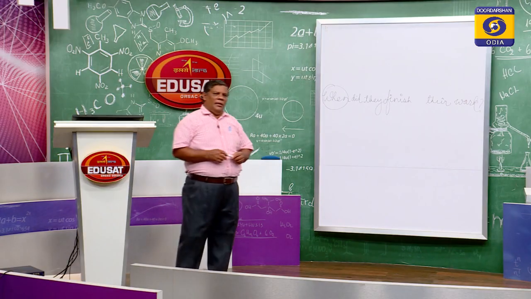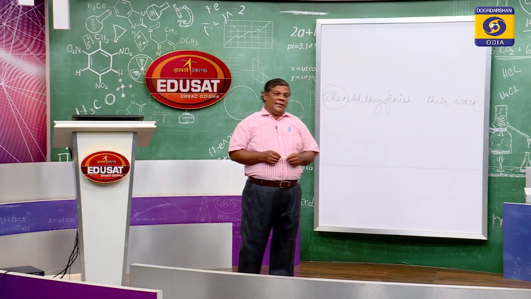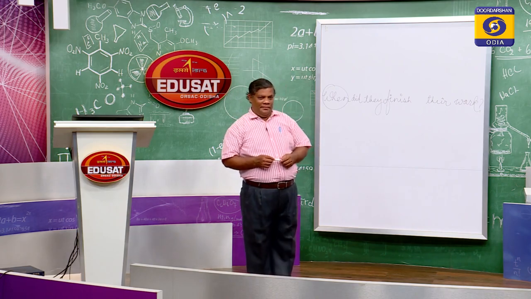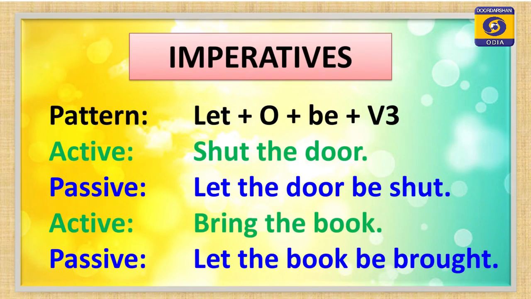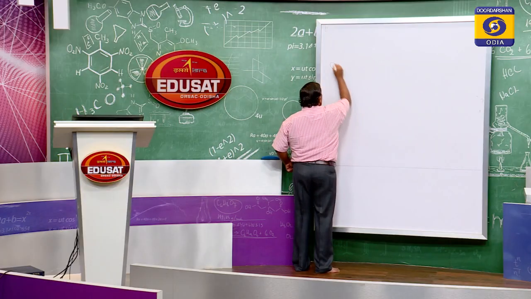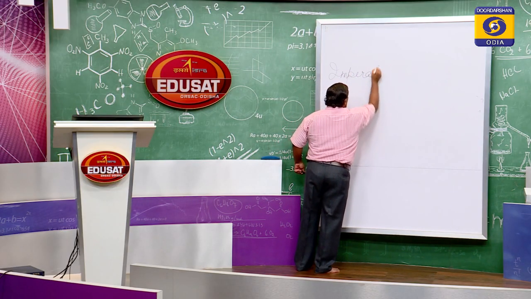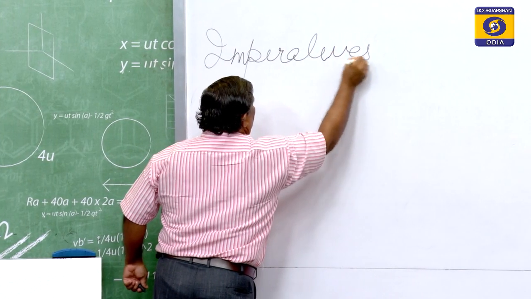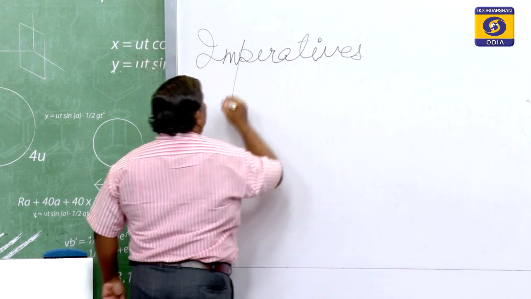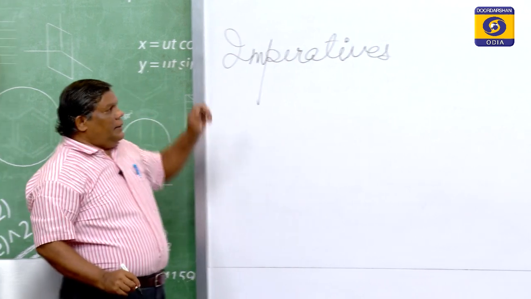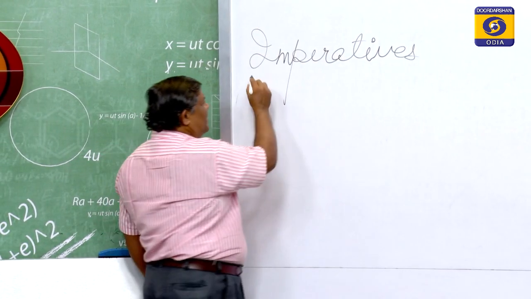Okay. Another important kind of sentence is the imperative sentence. We did affirmative, negative, interrogative. Then another kind is imperatives. So, what are imperative sentences?